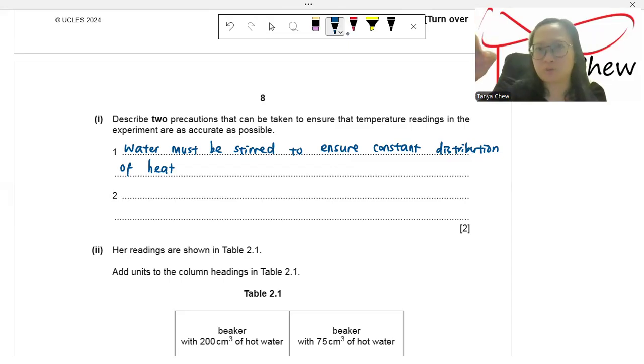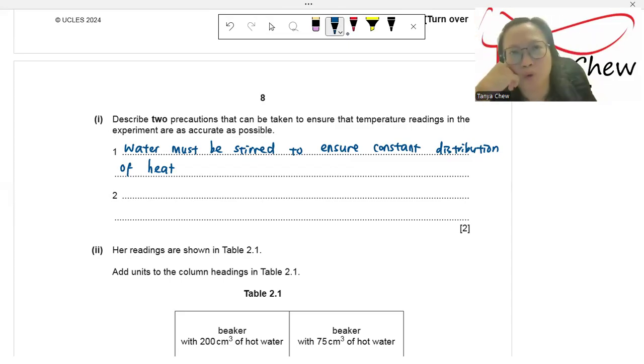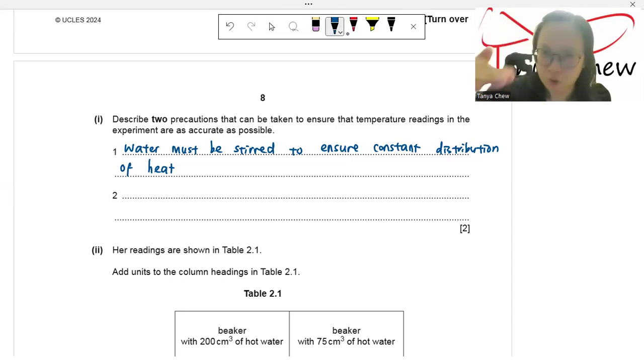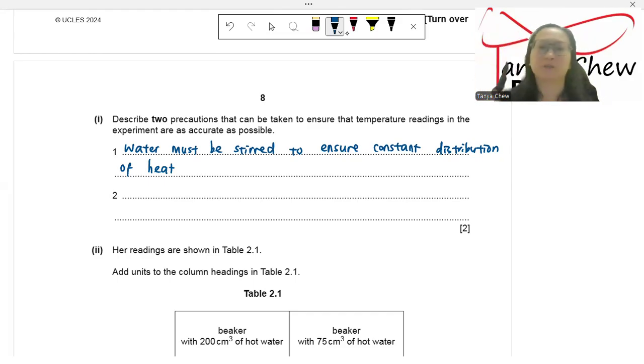You insert your thermometer, make sure that you wait, you look at the liquid in the glass thermometer, until the liquid in glass, normally mercury, stops rising. Then only you make sure that you lower your eye level to the scale on the thermometer to take your reading. Right?